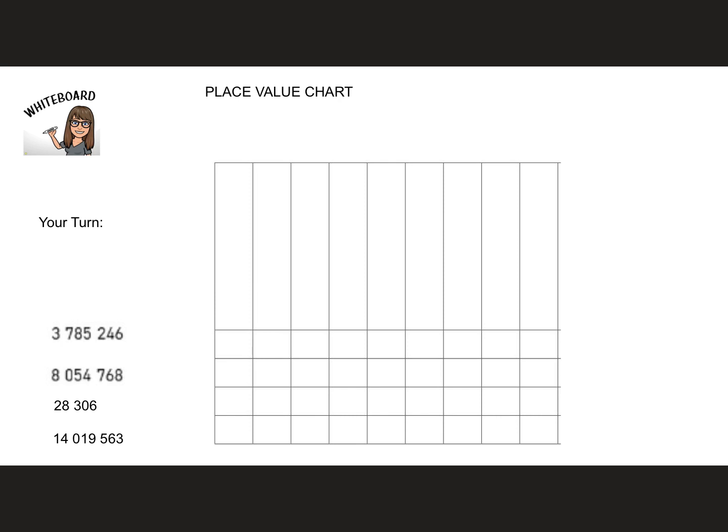I always make sure I look at which is the largest digit so I know how big my place value chart needs to go. So go ahead and press pause, complete this with your group, and when you think you are done, unpause and you will have your answers. Go ahead.